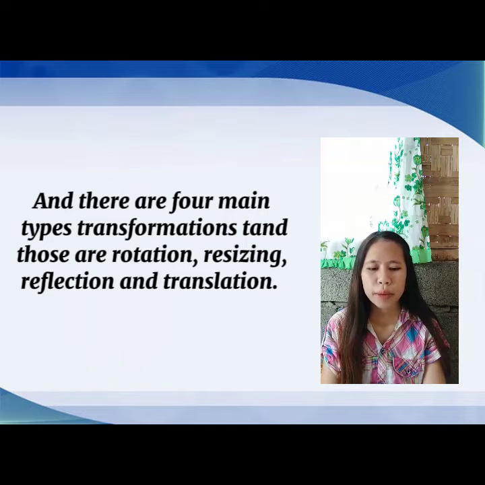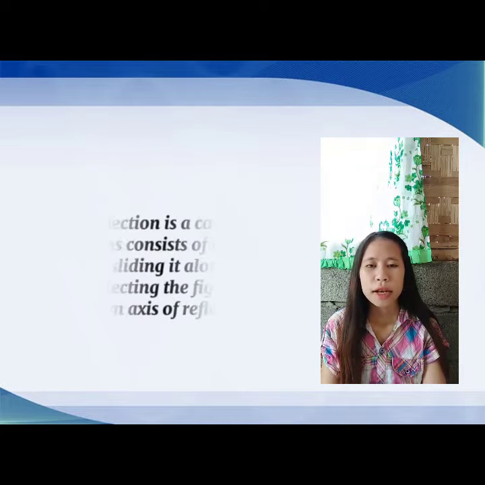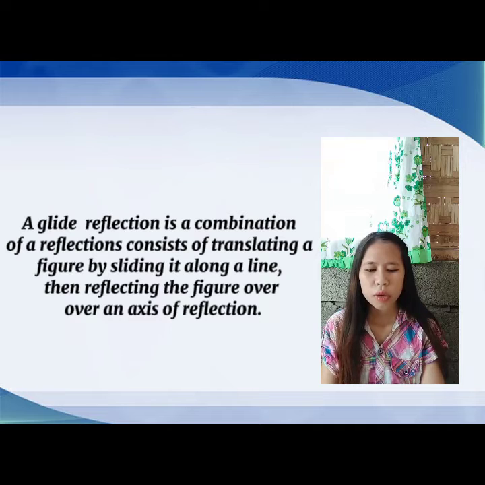There are four main types of transformations, and those are rotation, resizing, reflection, and translation. A glide reflection consists of translating a figure by sliding it along a line, then reflecting the figure over an axis of reflection.